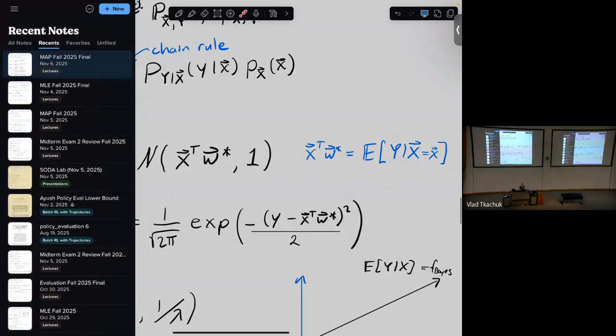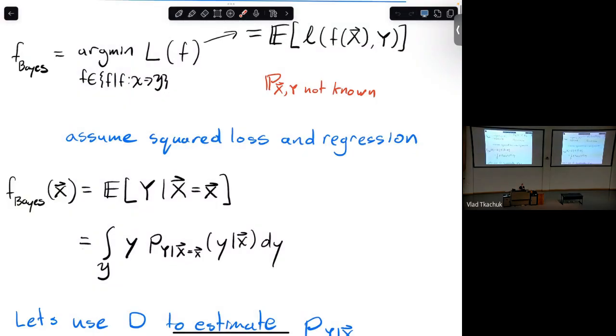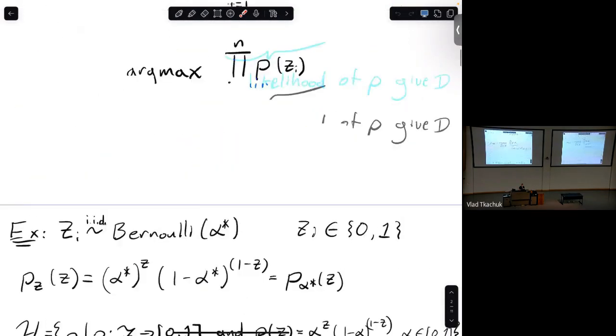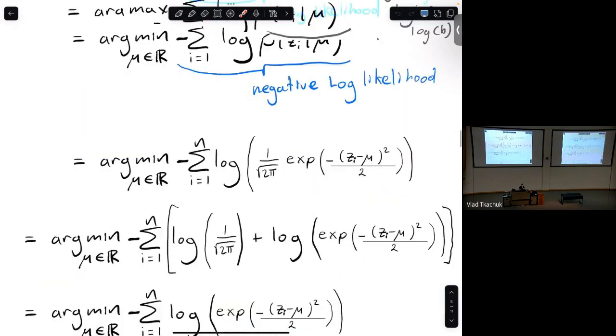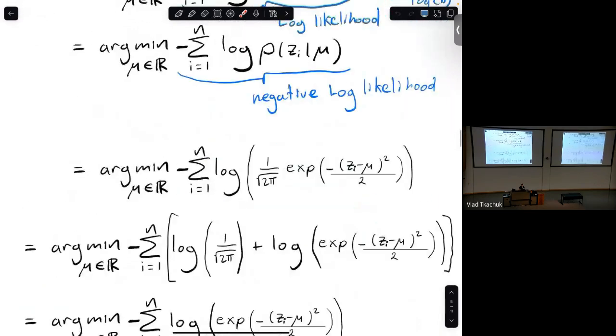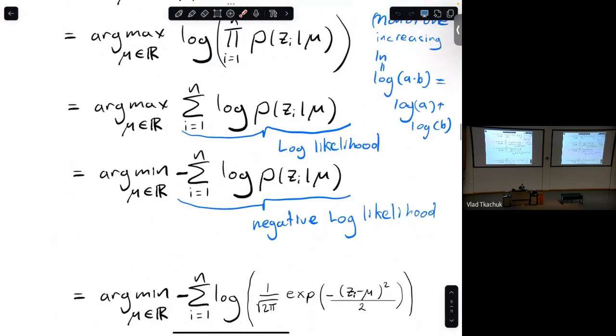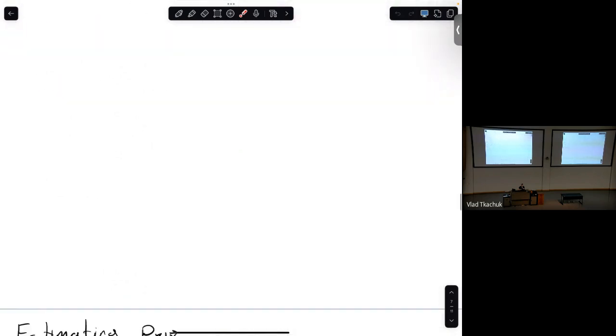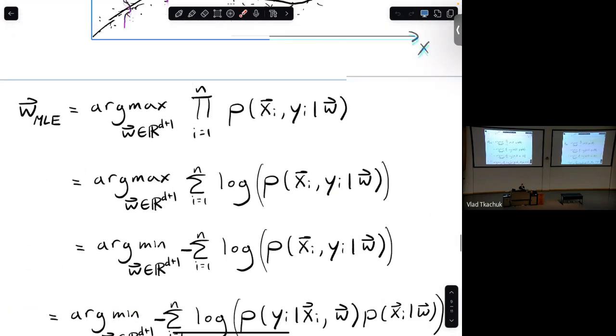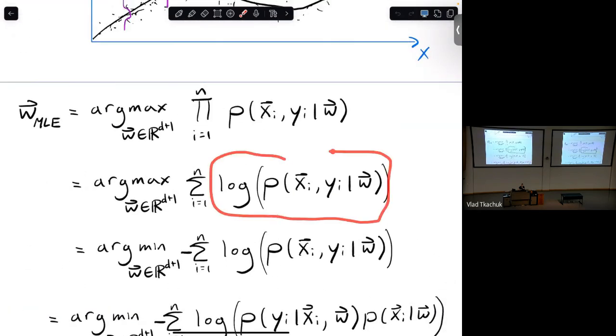Maybe I can even remind you how that worked. If you look over here, we were doing this MLE stuff. We got to this quantity. It looks exactly the same as what we have seen.